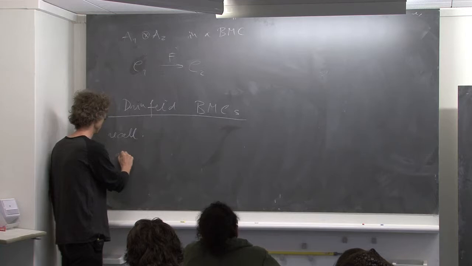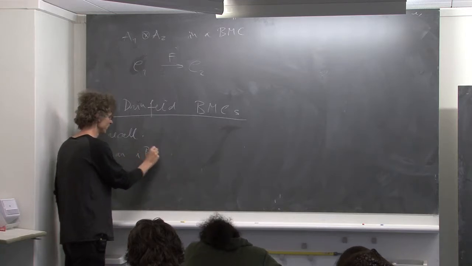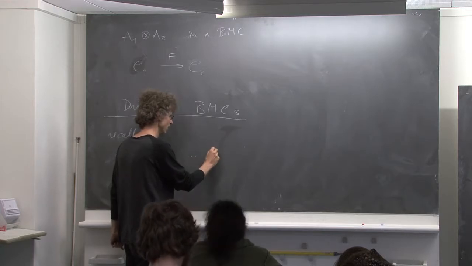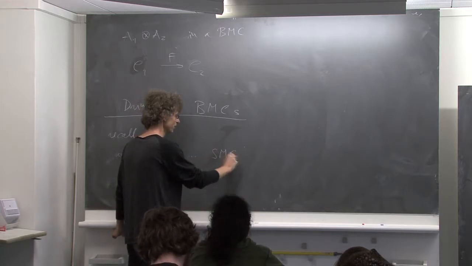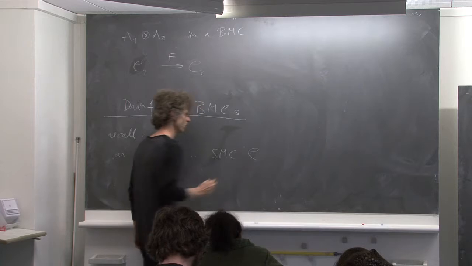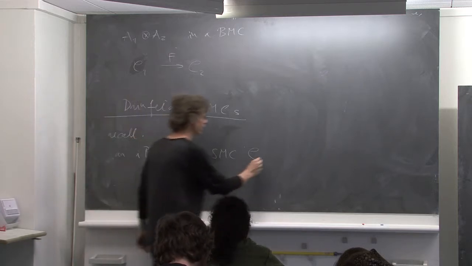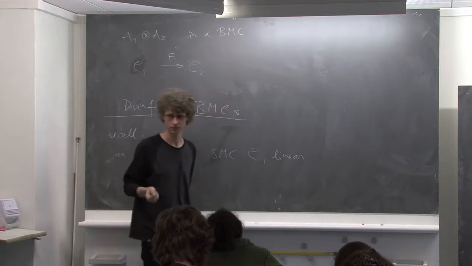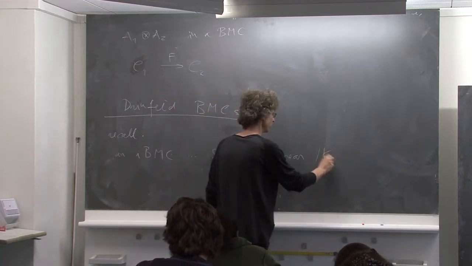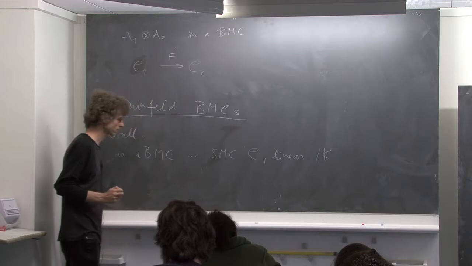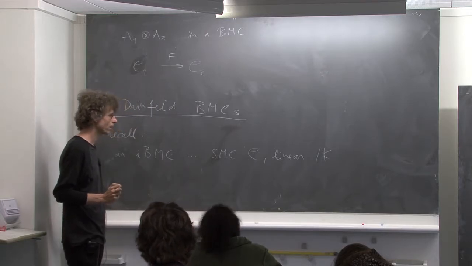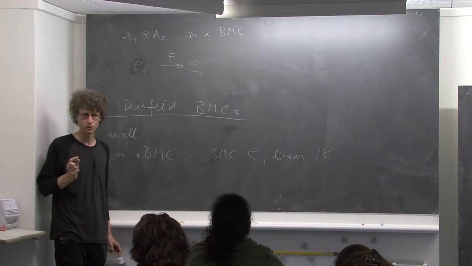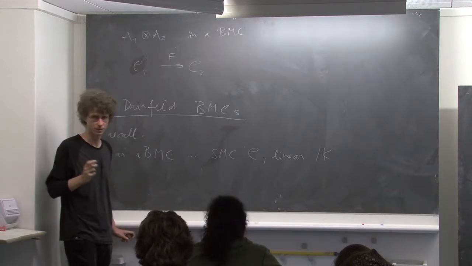And infinitesimally braided monoidal category, what was it? That was a symmetric monoidal category C, which is also linear over some field of characteristic 0 that we choose, and which also has some first order deformation of the symmetry to a braiding.